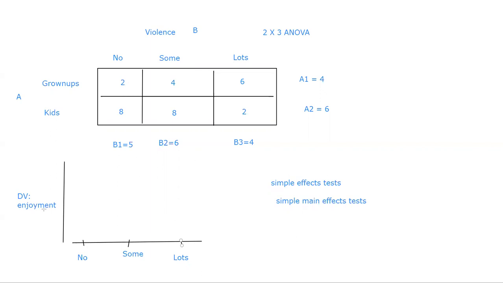And then what we're going to do to represent the height on our y-axis is incorporate our other variables. So we can just take this means matrix and turn this into a graph. I'm going to draw in my grown-ups line first. We'll put them at about a 2 and about a 4 and about a 6. And we can connect them with this haphazardly scrawled line. And then we'll put our kids' stuff on here.